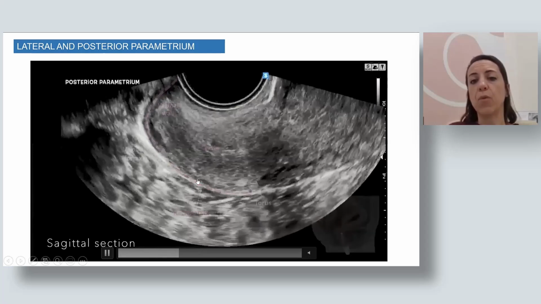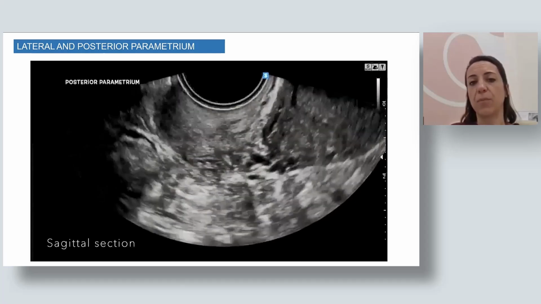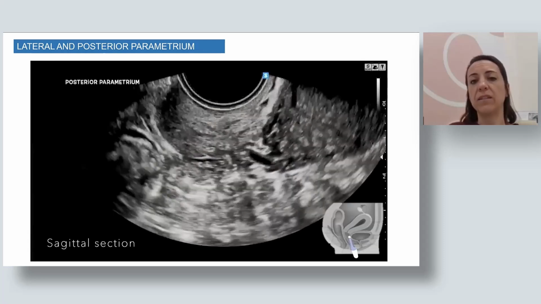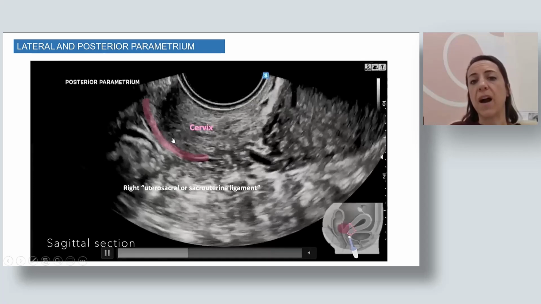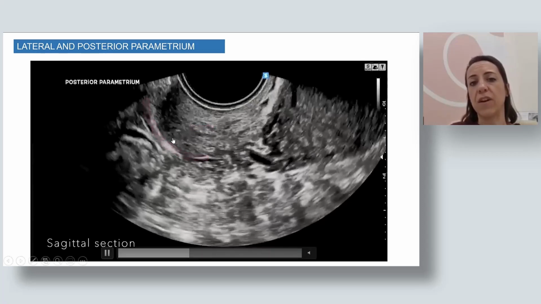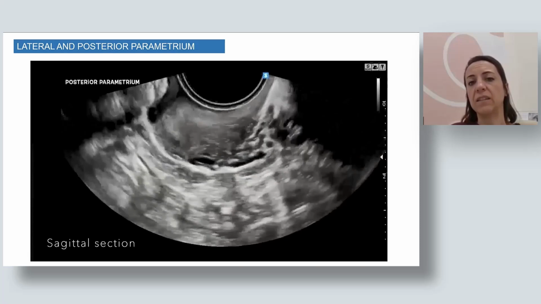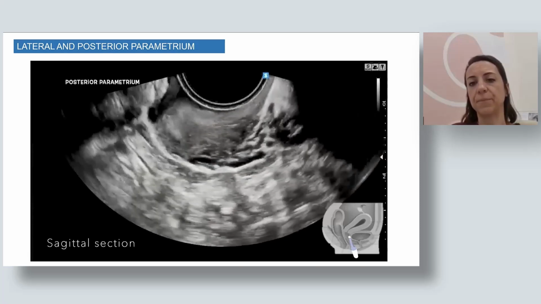Then we can move our transvaginal probe on the right and then on the left side to assess the hyperechoic structure behind the cervix and the uterine vessels on the right and on the left side. We can also assess the uterosacral ligaments in a transversal section of the cervix.